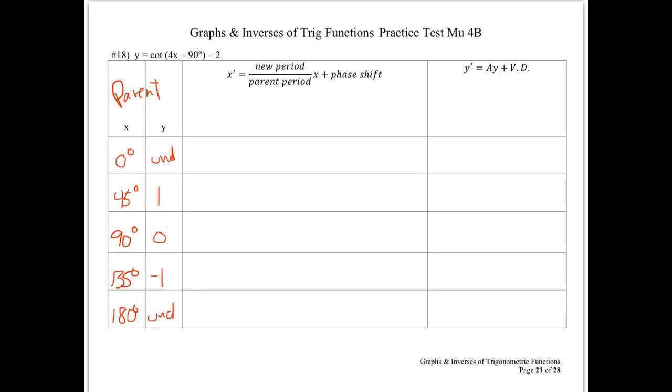For this graph, y equals cotangent of 4x minus 90 degrees, minus 2. We take the new period, which is 45 degrees, divided by the parent's period, which is 180 degrees, times x. Add in your phase shift, which was 22.5 degrees.